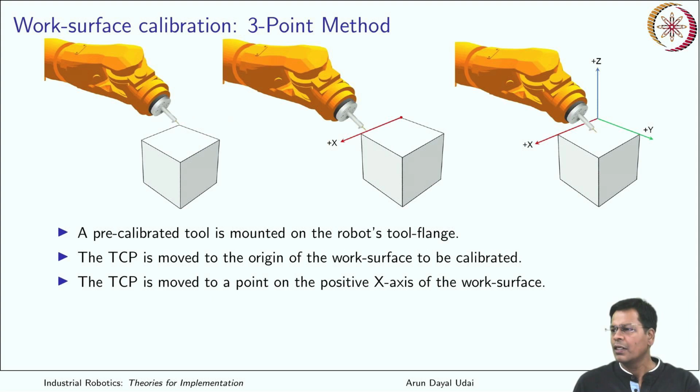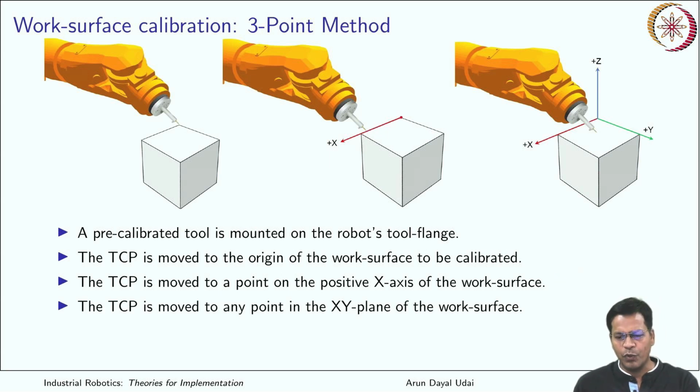Next task is now the TCP is moved to a point on the positive x-axis of the work surface. Again, this is intended positive axis, okay, where you want your x-axis positive to be. Okay, so this was your origin, so this is your direction. So anywhere you can take your TCP to on this axis. This is one of the point that you can put it.